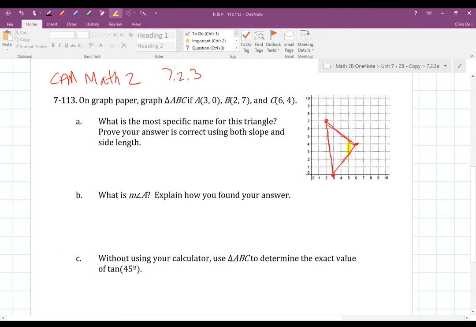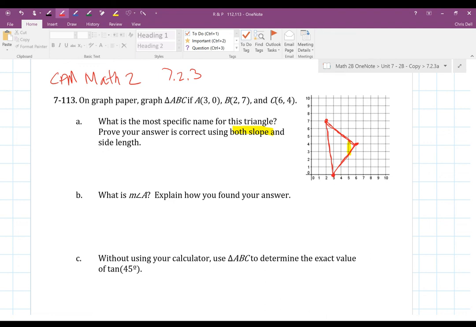So we'll be able to look at slope to determine that. And then I look at these two sides here, which would be the legs if that was a right angle, and they look to be the same length. And if that's the case, then it would be an isosceles right triangle, right? And so we can give some more information.